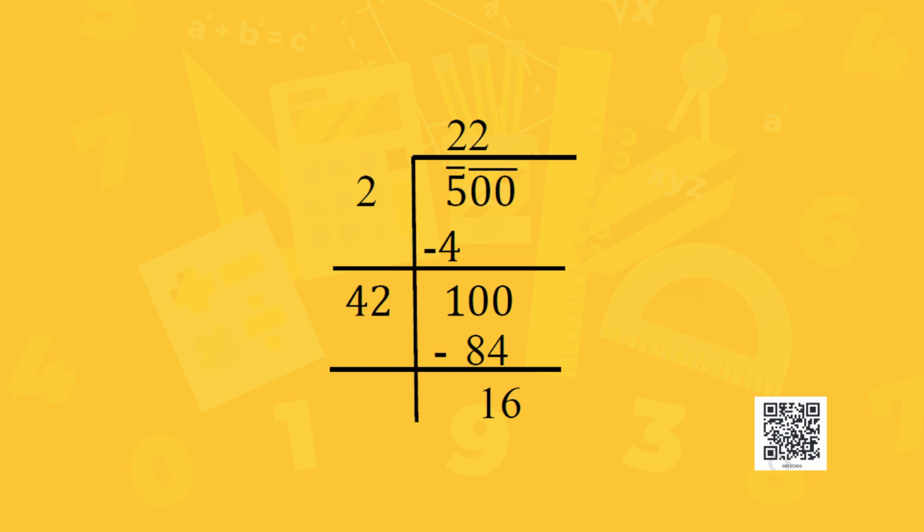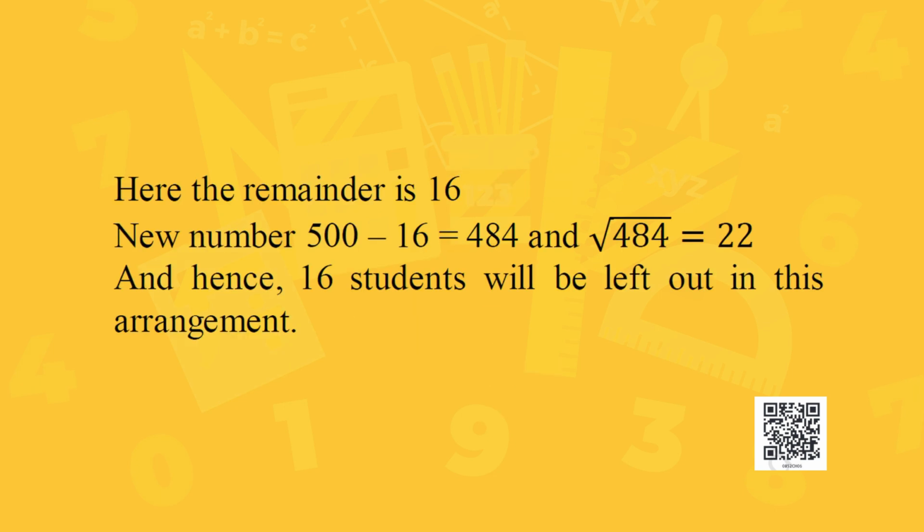So 42 times 2 is 84, and it will leave the remainder 16. So here the remainder is 16. So therefore we get a new number, that is 500 minus 16 is equal to 484, and the square root of 484 is equal to 22, and hence 16 students will be left out in this arrangement.